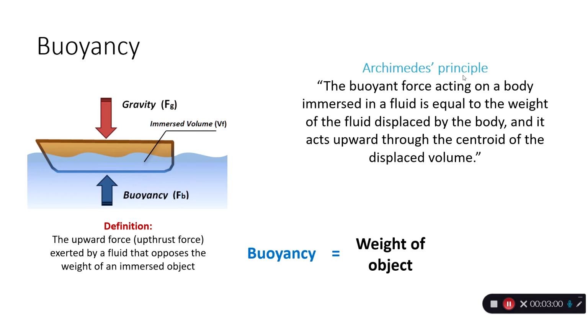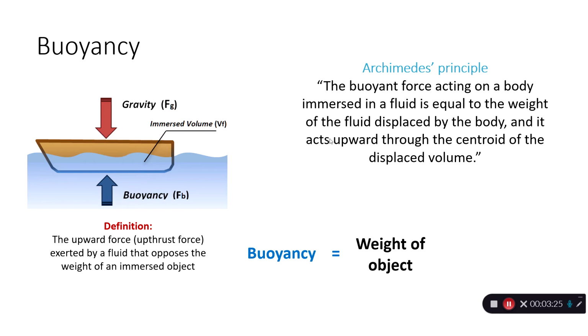Archimedes' principle also states that the buoyant force acting on a body immersed in a fluid is equal to the weight of the fluid displaced by the body, and it acts upwards through the centroid of the displaced volume. So basically we've discussed about this. The new thing here is that the buoyant force is equal to the weight of the fluid displaced by the body.